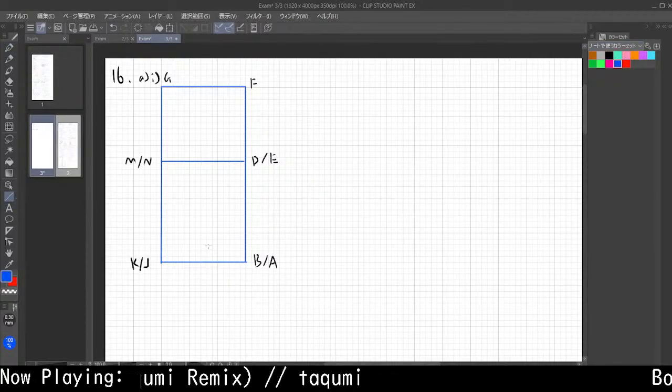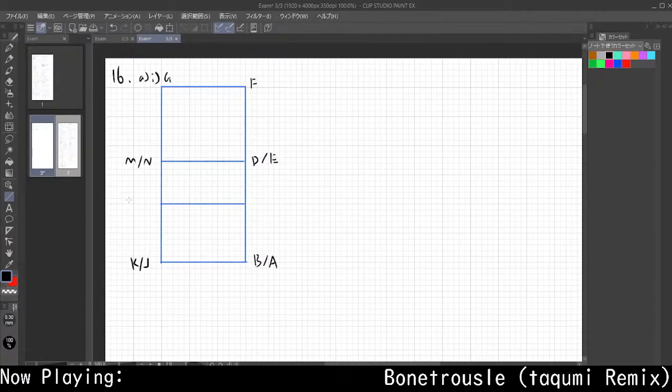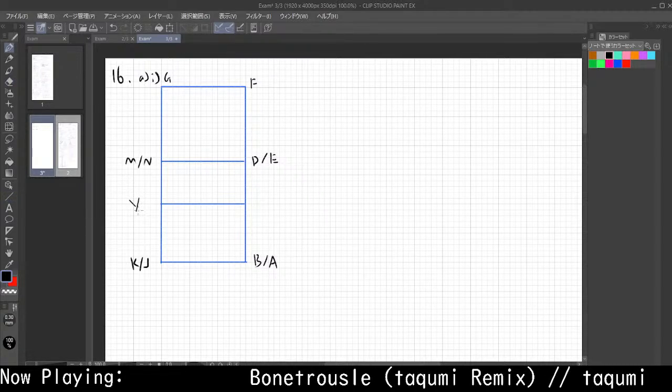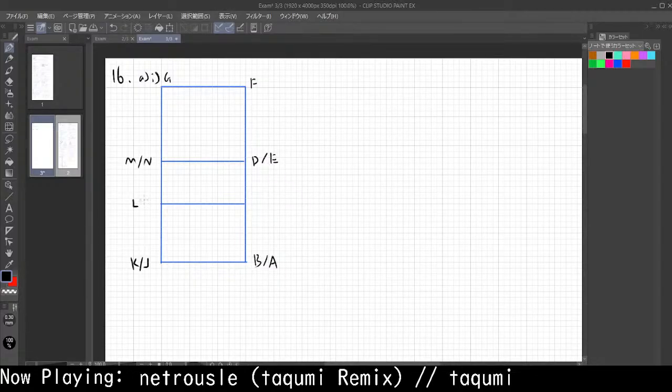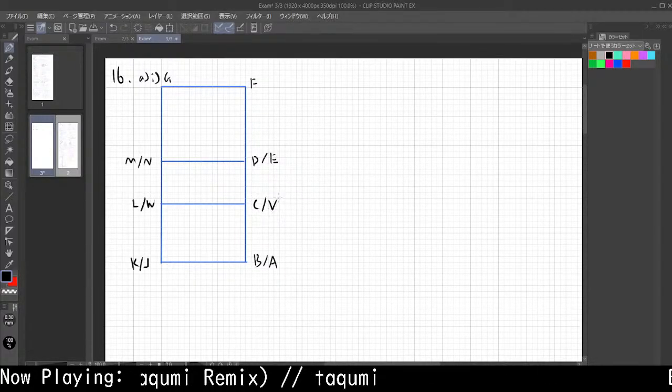So we measure 4 cm over here and draw the line directly. This would be LC, which shares the same plane with VW. So L/W, C/V.